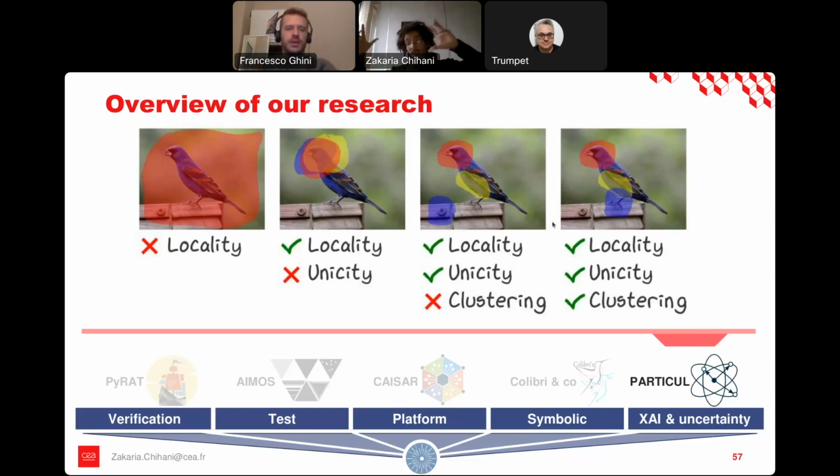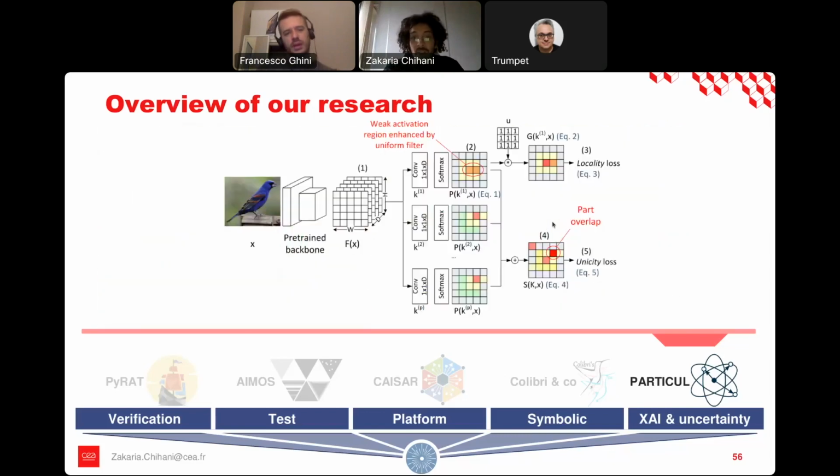Of course, if you apply Particle to a type of object that is composed of separate parts, like a fleet of drones, for example, you have to change the clustering property. And the way we enforce these properties is in the losses. So we encode these properties in loss functions, and then train the detectors using these loss functions.